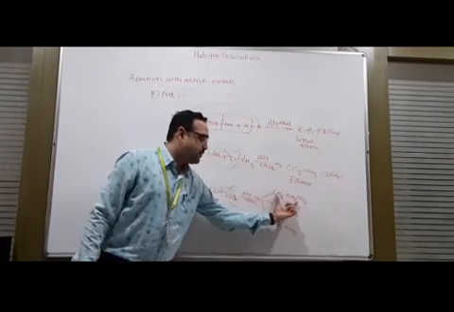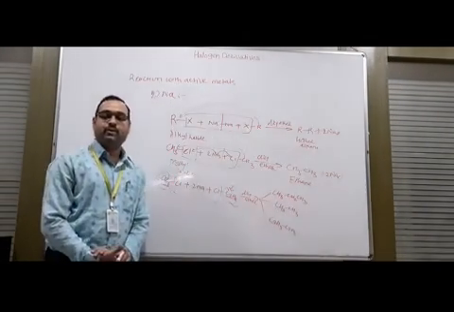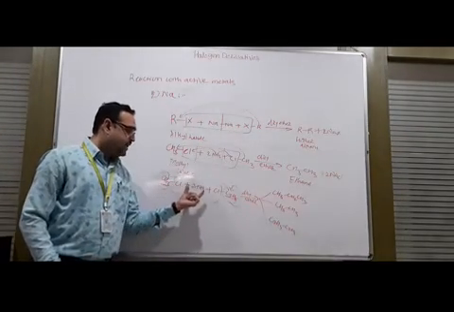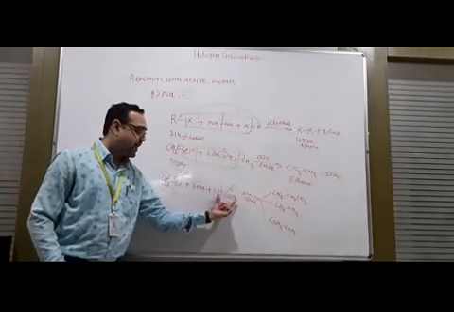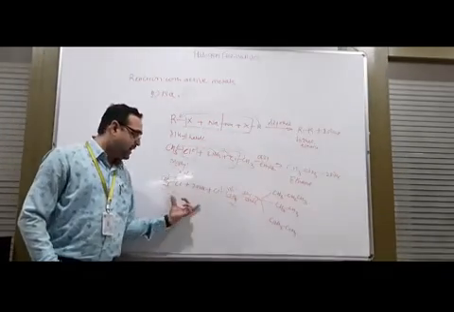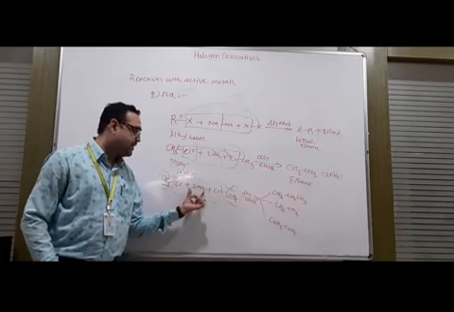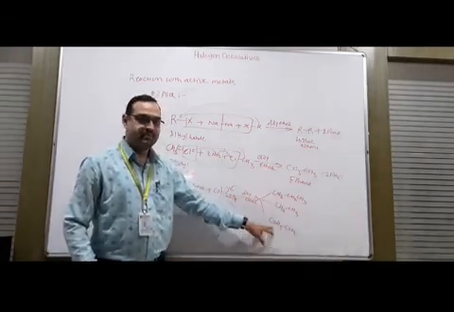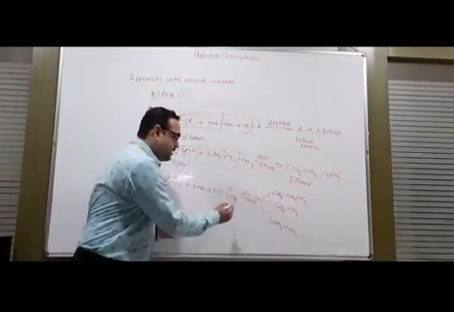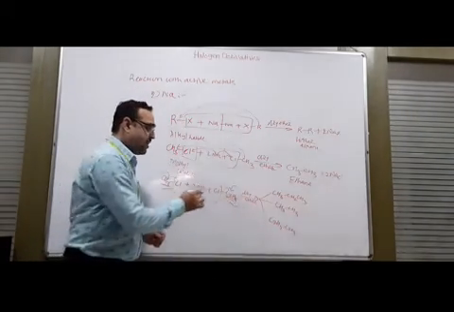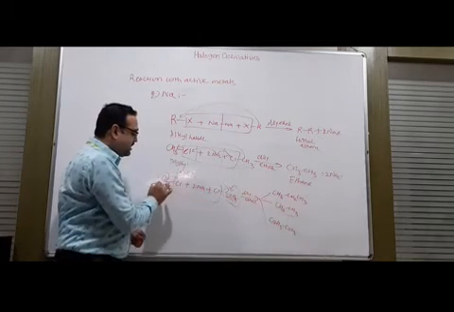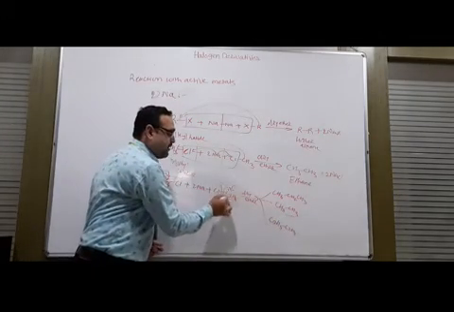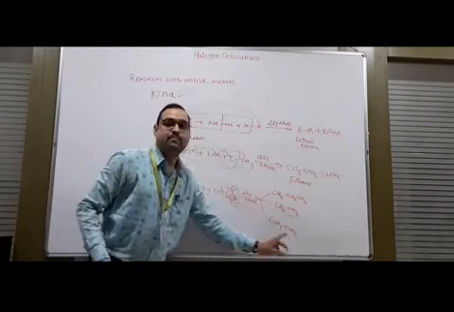It gives propane, ethane and butane. In this reaction, methyl chloride and ethyl chloride react with sodium in presence of dry ether. It gives three different products: propane when ethyl reacts with methyl, ethane when methyl reacts with itself, and C2H5 reacting with itself gives butane.